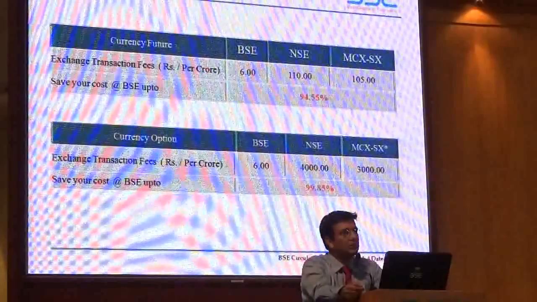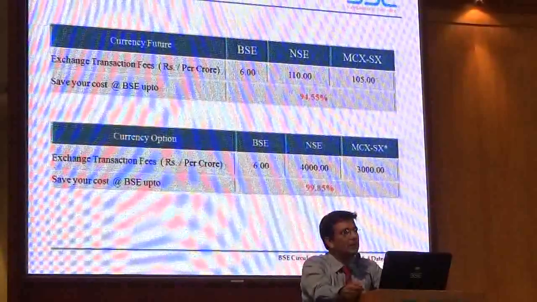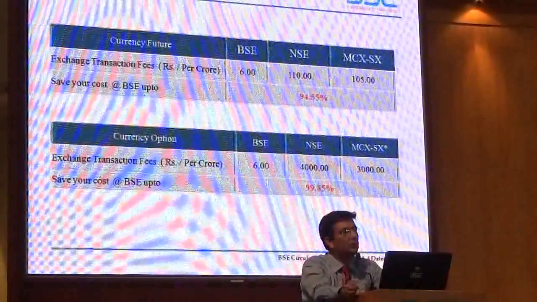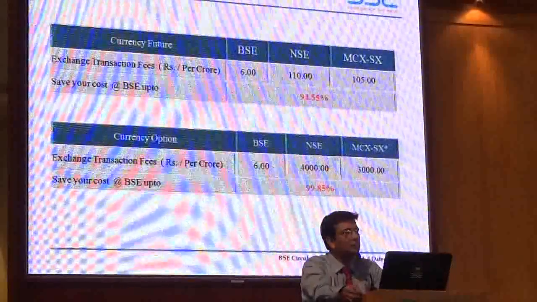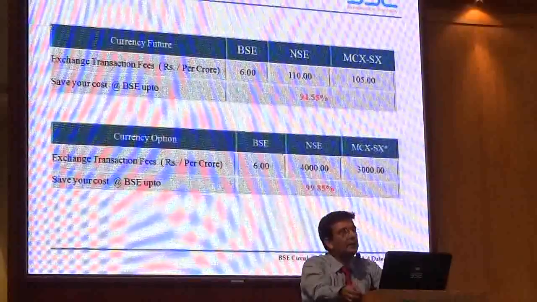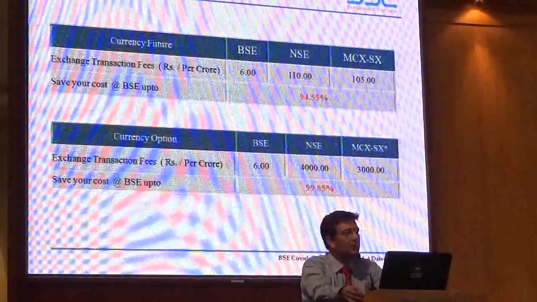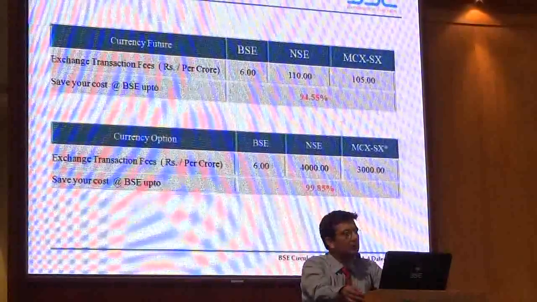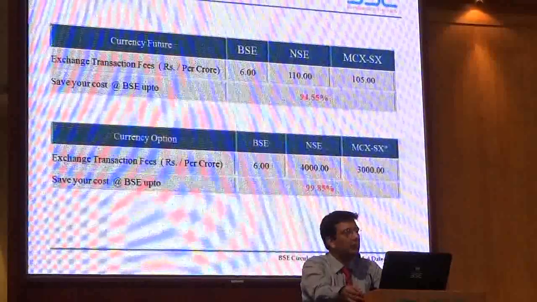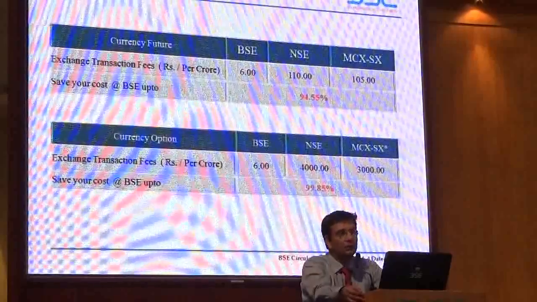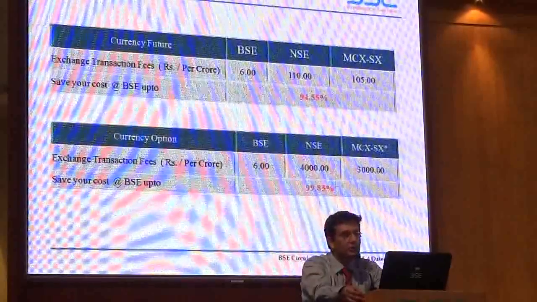We have come up with a circular which states that it will subsequently go up to 10 rupees per crore in October, and it will remain at 10 rupees per crore. This is comparable with the competitors' costing, and we are providing this benefit to the end users.